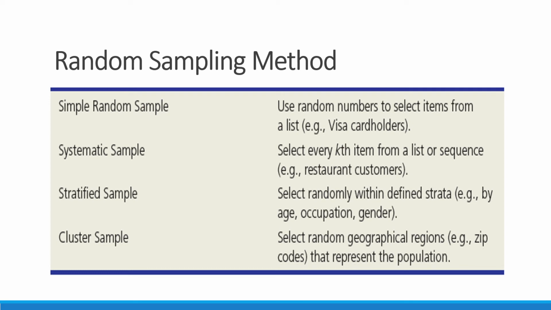This type is also still random. Why is that? Because the 15 females will be selected randomly from the 50 females, and the 15 males will also be selected randomly from the 50 males.